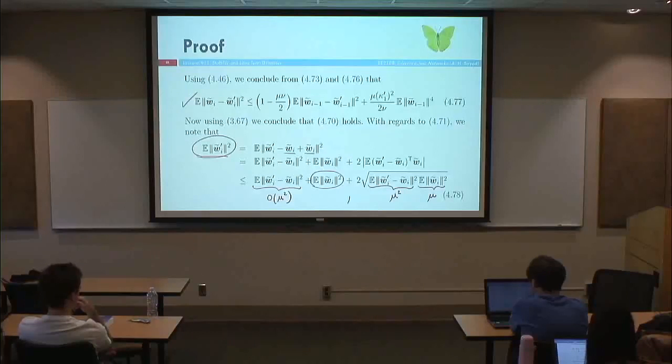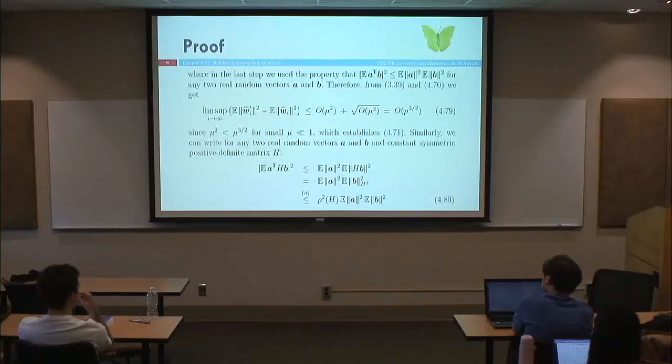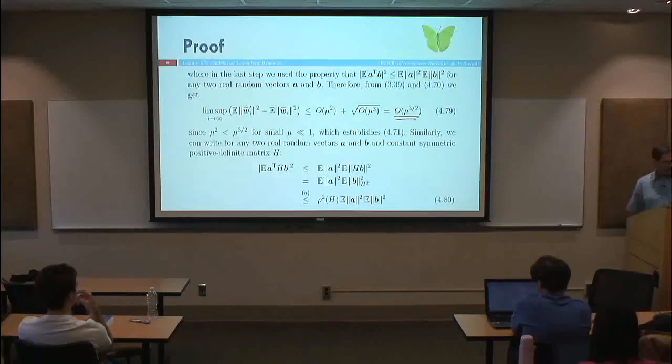So this second term gives you mu to the 3/2. This first term gives you mu to the 1/2. Which term dominates? This one. So you see the lim sup of this is far away from the lim sup of that by this much. You get it? Okay? By this much.